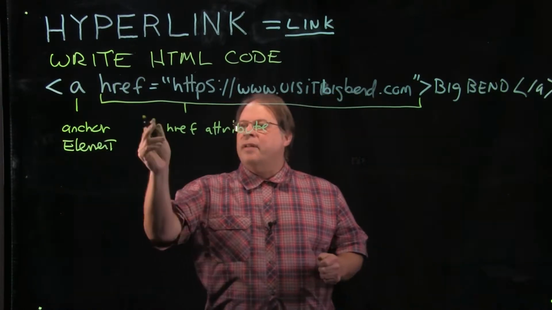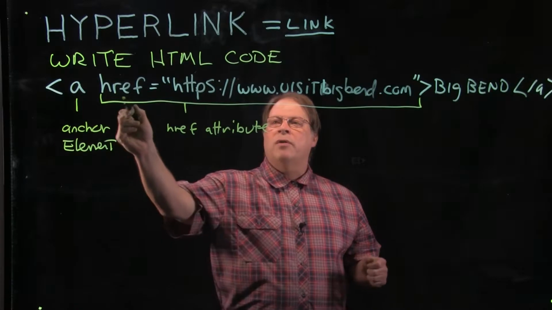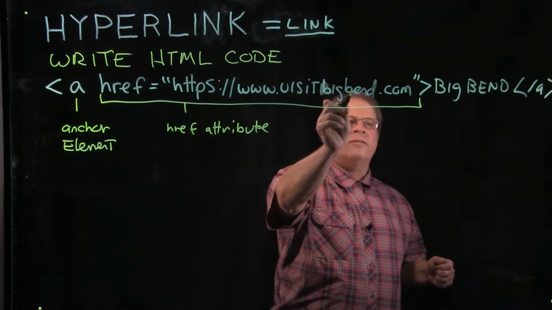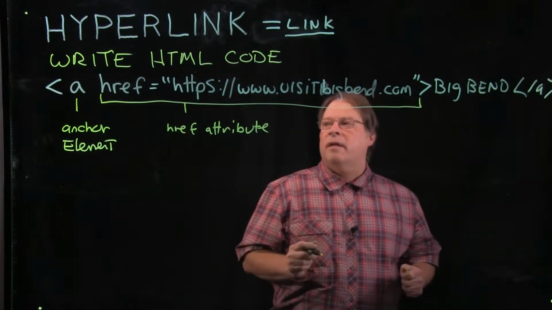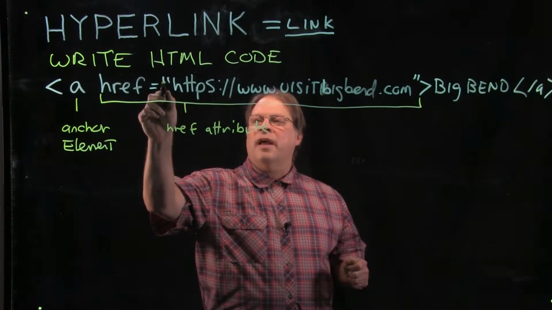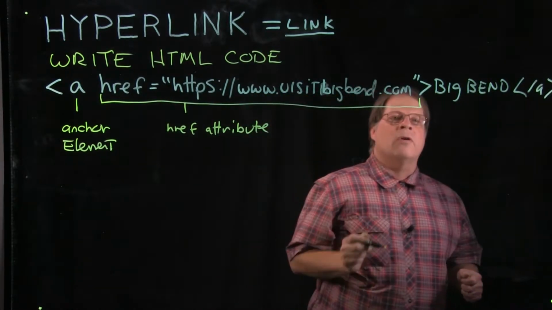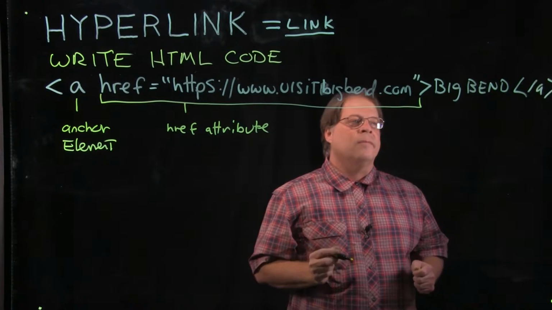This means it's a hypertext reference and it's going to go to this web address once the link text has been clicked. Note that you need to put quotation marks there and there when creating this attribute.